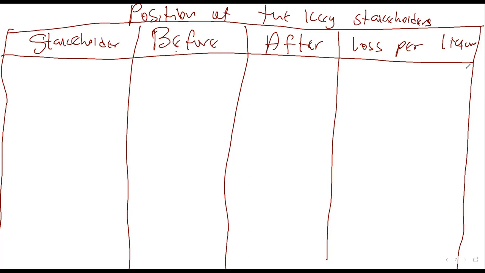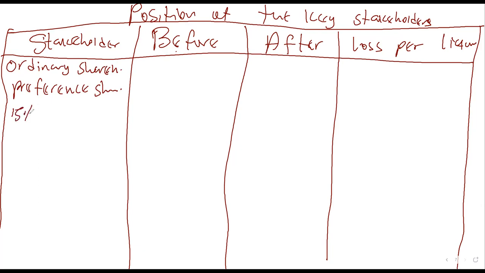Now, to get the stakeholders right, start by saying ordinary shareholders. Preference shareholders, list them like this. Then go to the liabilities, all the debts, write them here.